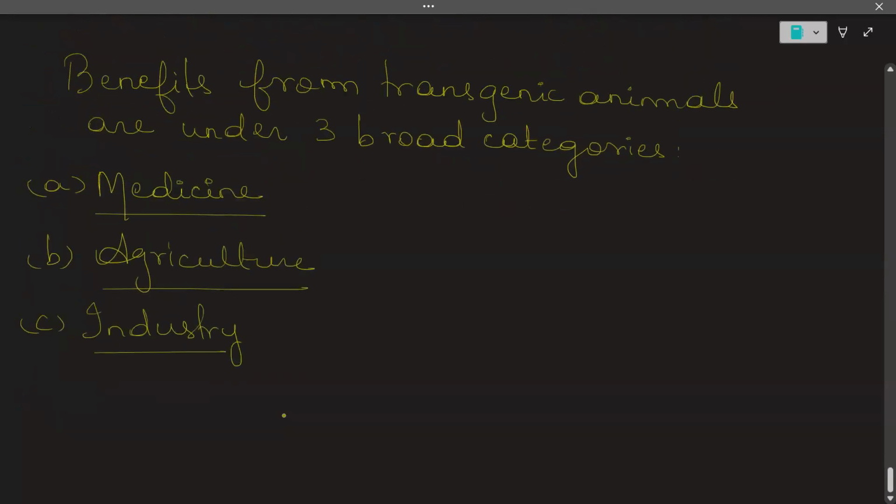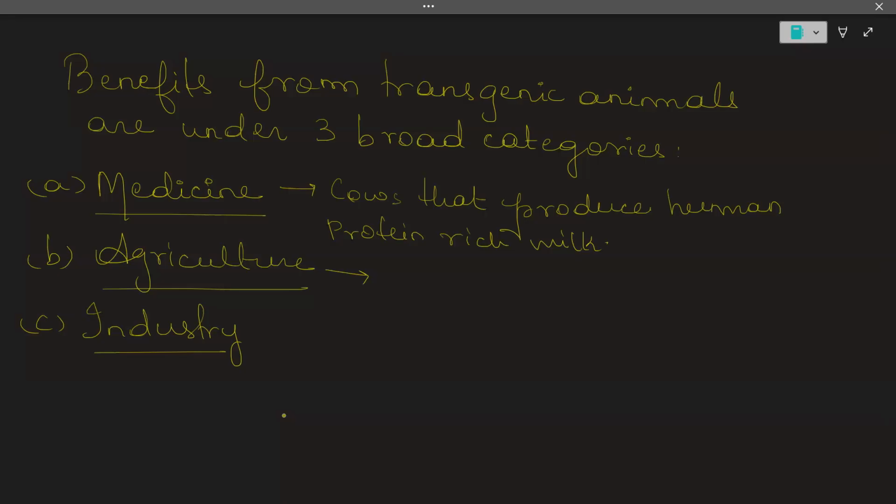Now, when we talk about medicine, an example is cows that produce human protein rich milk, meaning the nutritional value of that milk is high. The cow has been made transgenic so that it is producing a superior product.